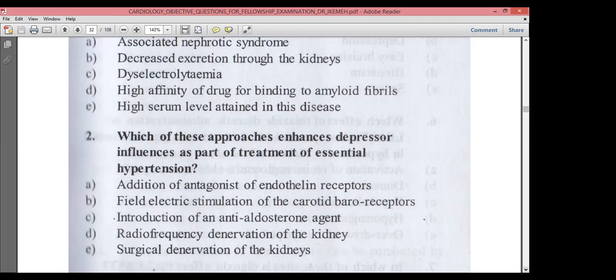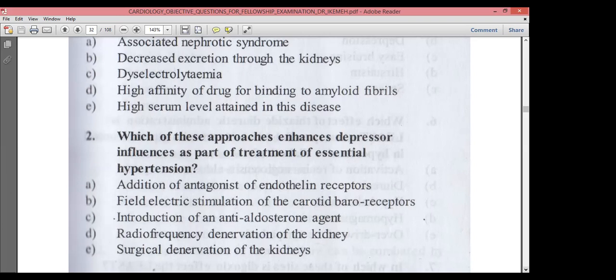B, field electrical stimulation of carotid baroreceptors. We know that the carotid baroreceptors tend to sense both increase and decrease in blood pressure. So depending on the state of the vessels, if the BP is increased and you stimulate them, it's going to decrease the BP.